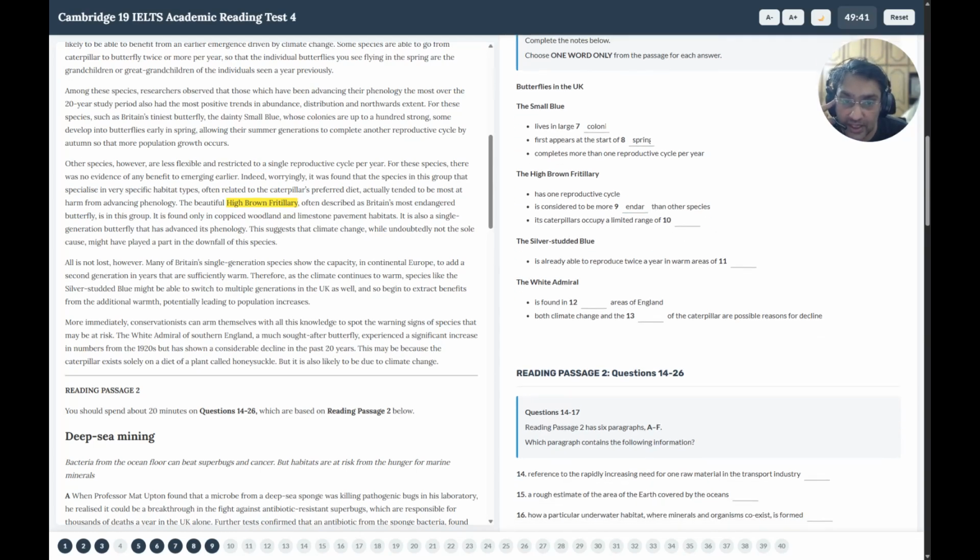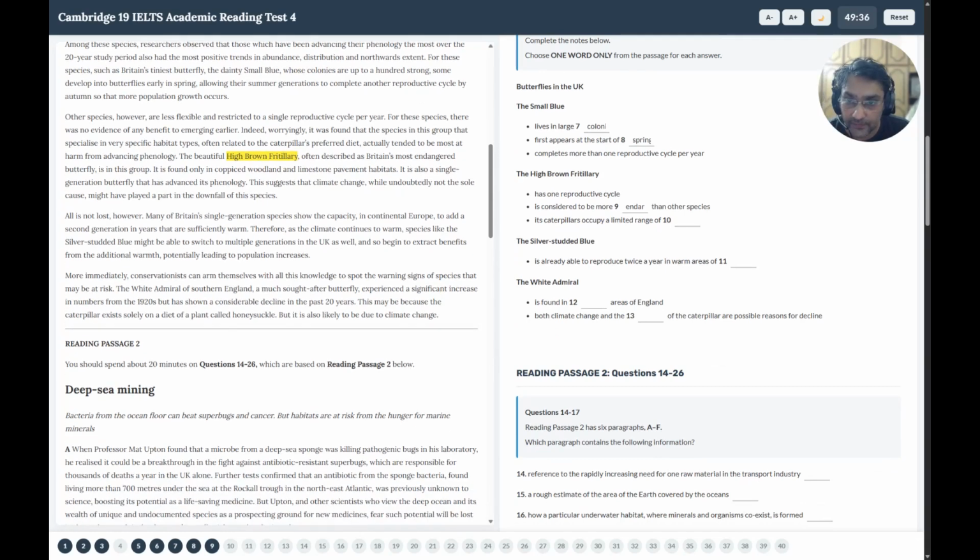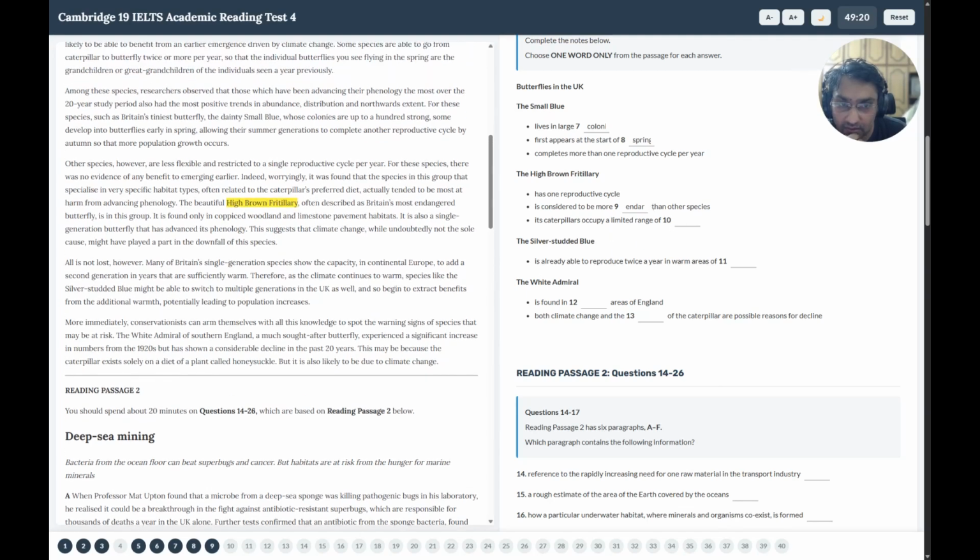Its caterpillars occupy a limited range of. It is also a single generation that has advanced its phenology. Where does it mention the word? Its caterpillars occupy endangered. Where is endangered? Okay, where is its caterpillars occupy a limited range of.